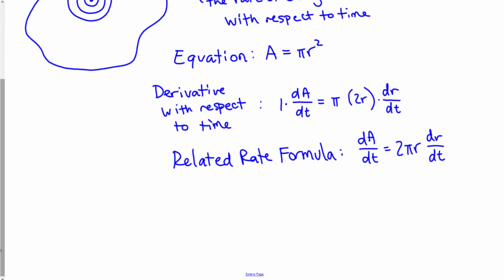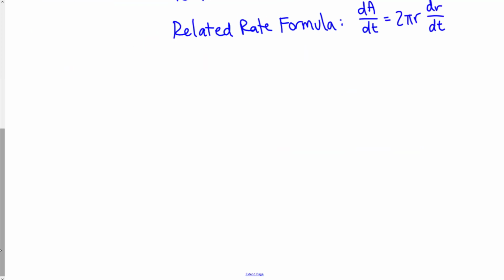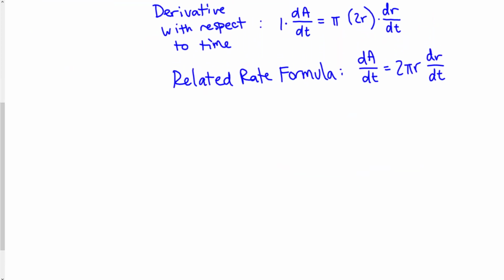So I'll just write it down here so that we don't have to keep scrolling up and down. All right, we have the rate of change of the outermost wave with respect to time is 1.5 feet per second.